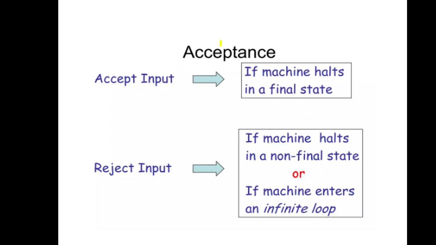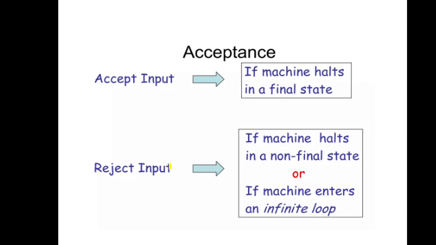When we say the machine accepts the string, the machine halts at a final state, which means the string is accepted. It accepts the input string. Only when the machine halts in a final state is the input string accepted.